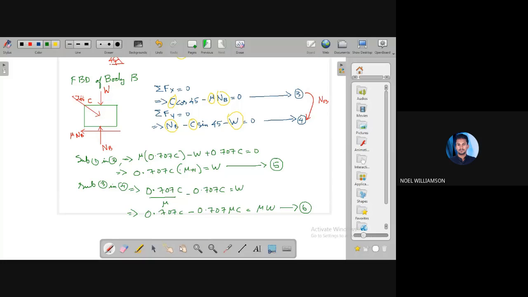So you get two equations like this, 5 and 6.